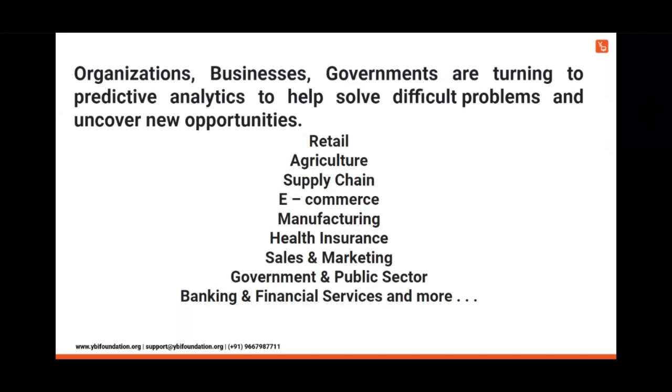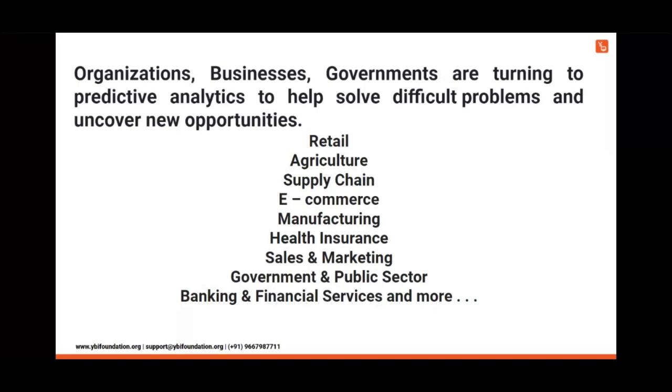If I talk specifically about industries, you can think of retail and agriculture. A lot of new startups are coming up in this domain which use these techniques. Supply chain is a very good use of predictive analytics, for inventory management, supply chain management, and logistics management. Manufacturing, again: machine maintenance, failure, manufacturing time, and so on.